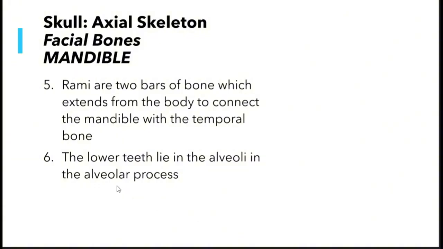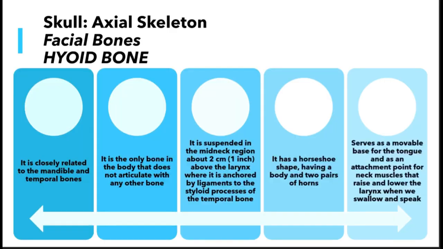Okay, before I forget, alveolar process in your mandible, or alveoli, are actually sockets. Okay, hyoid bone. Your hyoid bone is not actually part of the skull. So what is its function then? It provides articulation to form a joint, and then it also houses the larynx or the voice box.